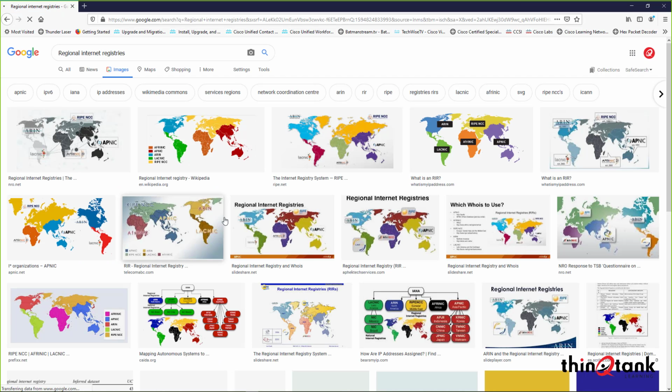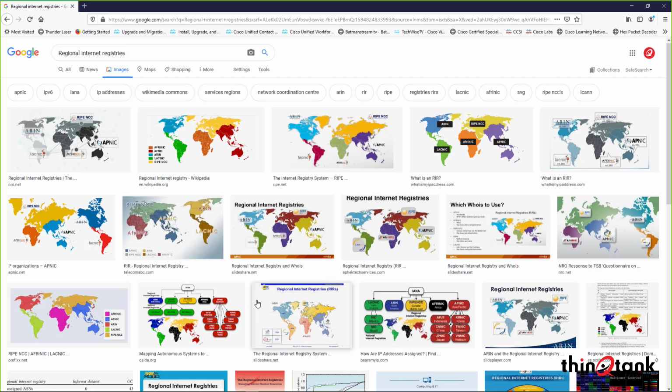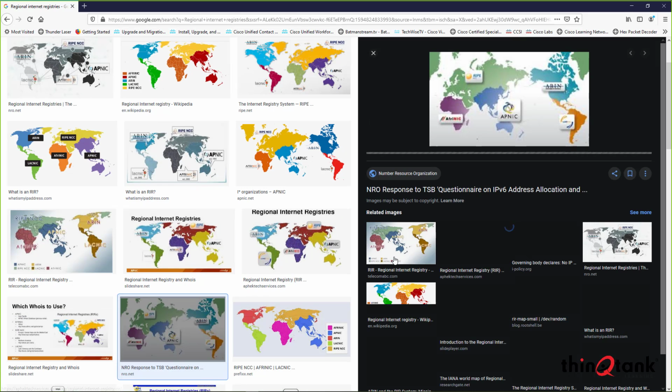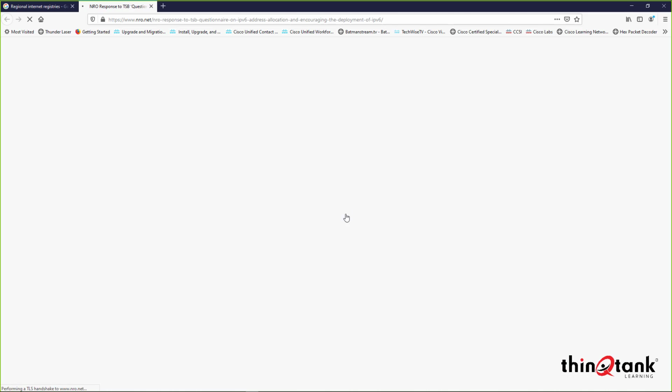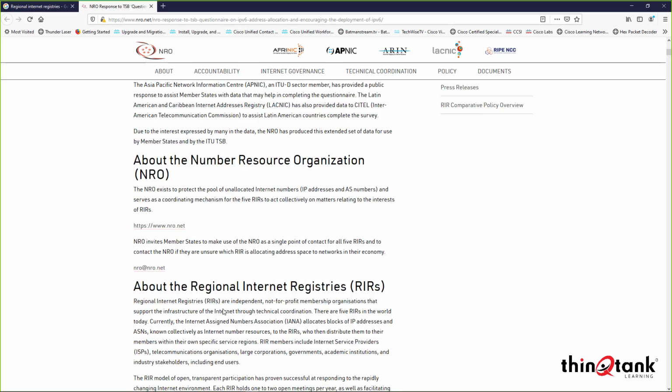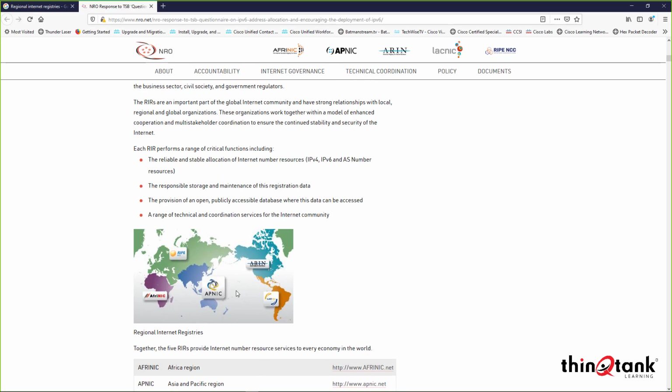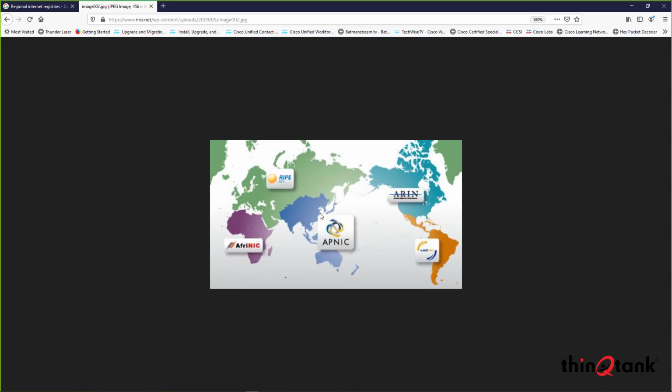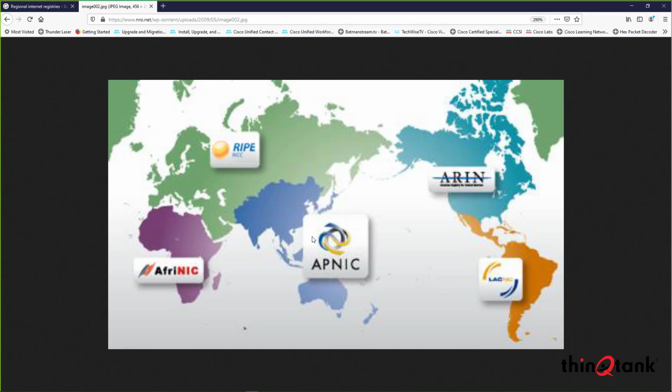So there are 5 regional internet registries that exist. The global organization that is responsible for address assignments is the IANA, but then you have these 5 different regional internet registries.